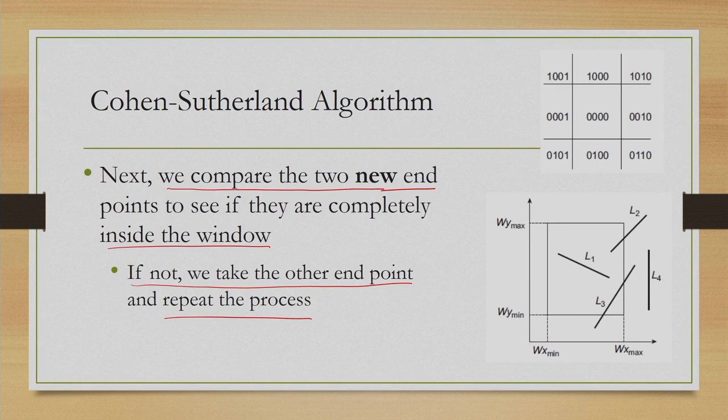So, what do we do in step 3? In step 3, we go for clipping the line. We start with one endpoint, assign the region code, which is already there. We check the region code with respect to all the boundaries following a particular sequence, and based on that check we determine if the line is intersecting a particular boundary. If that is so, then we use the line equations and the boundary equations to solve for the intersection point.